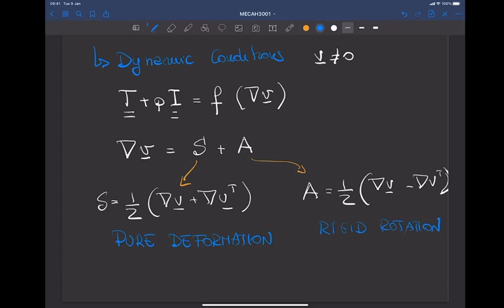Okay? So it means that this function of the gradient V should be only proportional to the symmetric part of this gradient, not to the antisymmetric part, because the antisymmetric part is not responsible for shear, for strain. It's only responsible for a rotation.